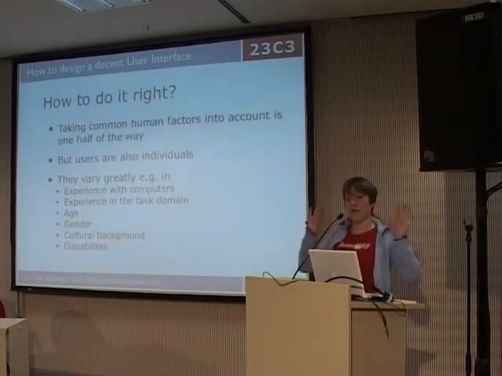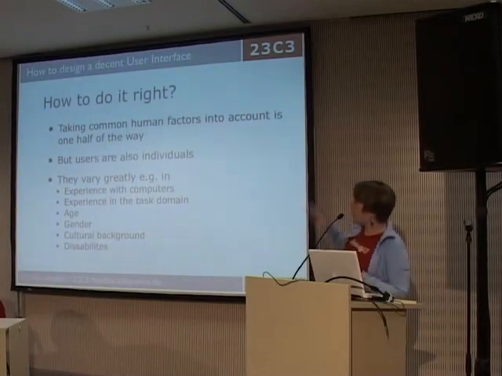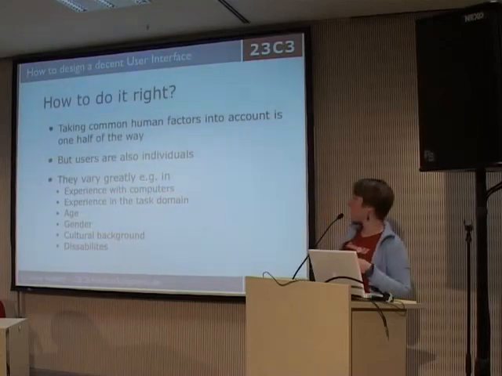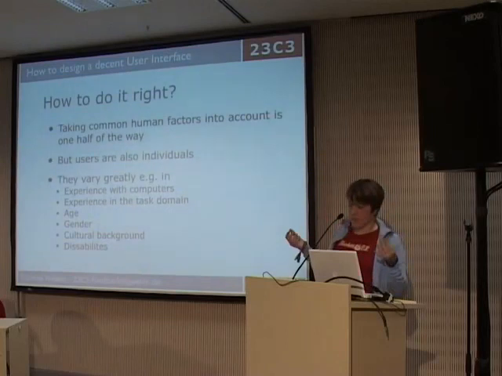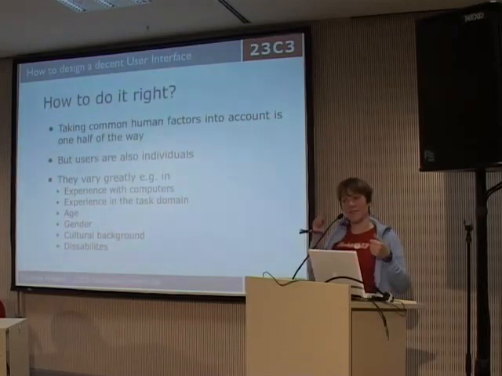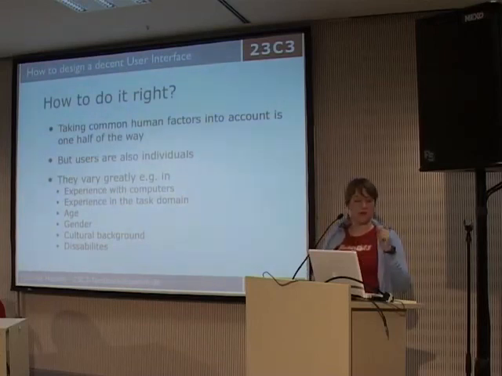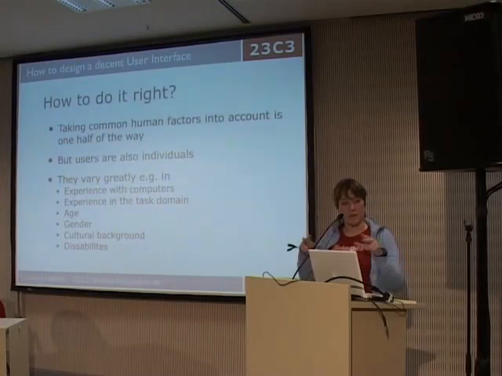So now we're done with the users as humans part. And if we take the common human factors into account, then we're already half of the way. Yeah, but still we are all individuals. And we vary greatly in our experience with computers, in our experience in the task domain, in our age, gender.